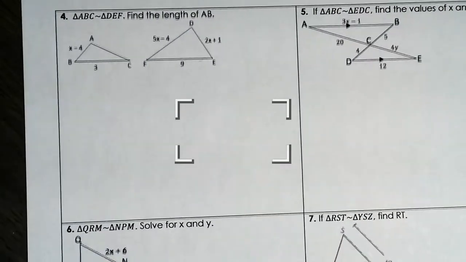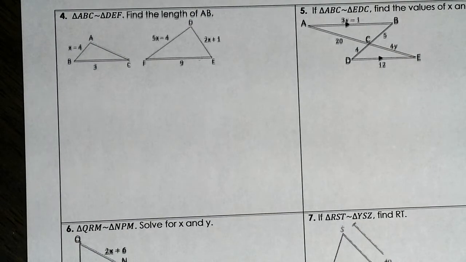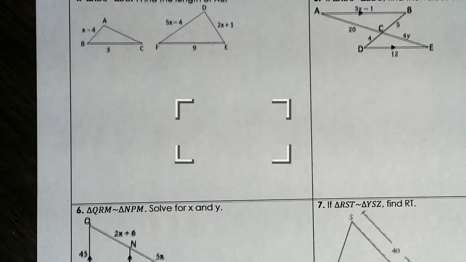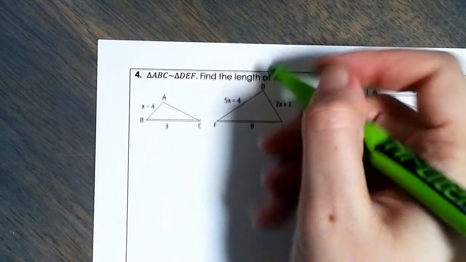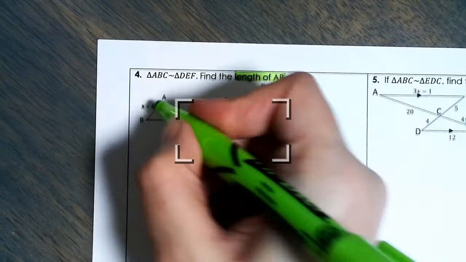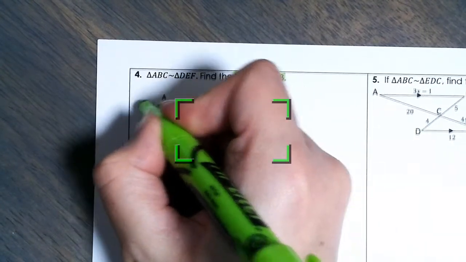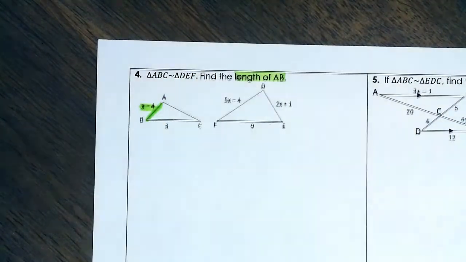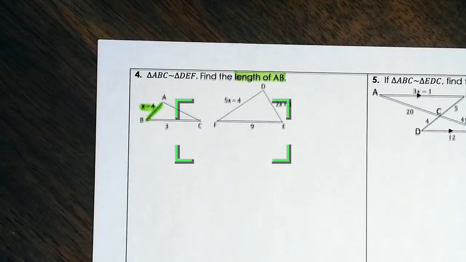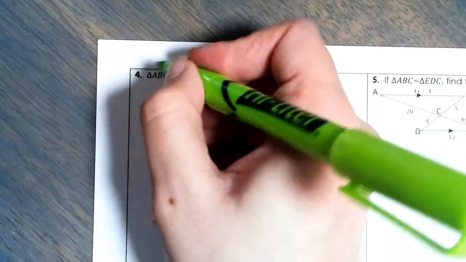All right, let's see. So here I have triangle ABC is similar to triangle DEF, and I want to find the length of AB. So really I want to focus on AB, which is worth x minus 4. I need to know what corresponds with AB.